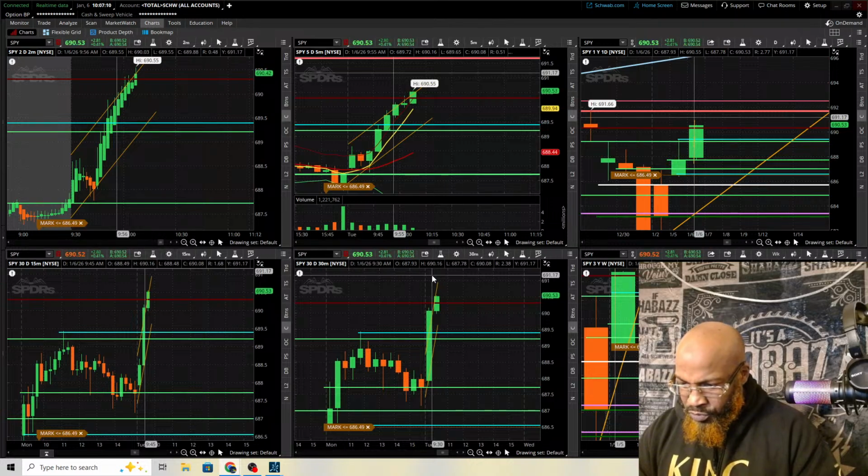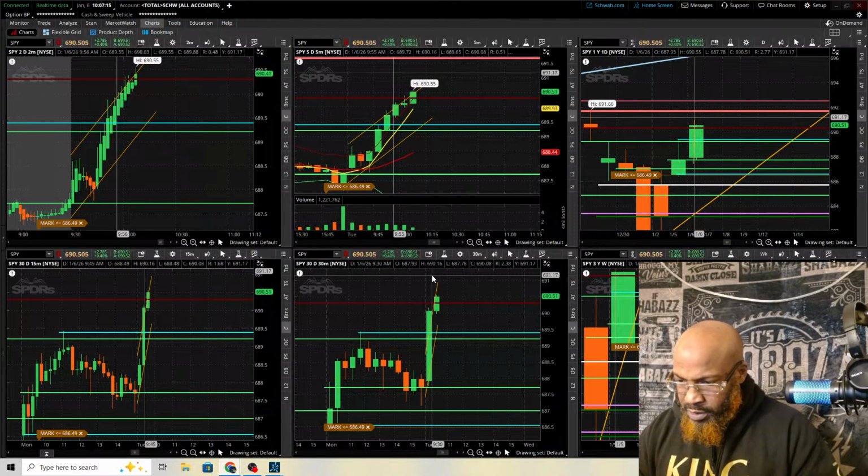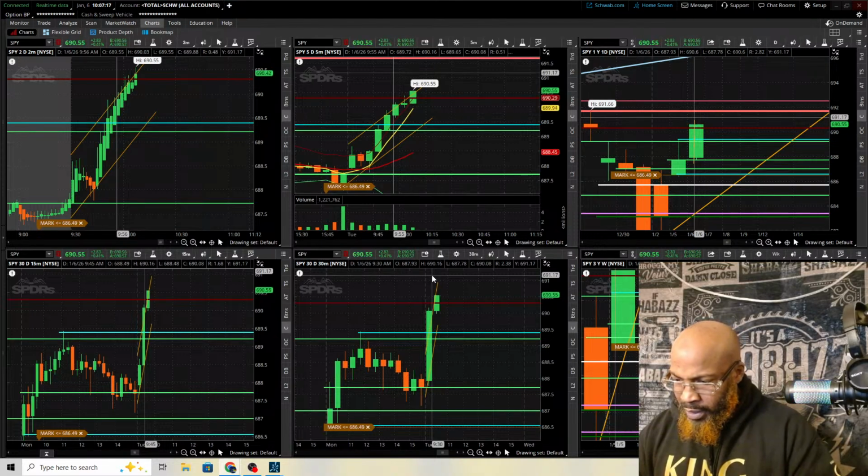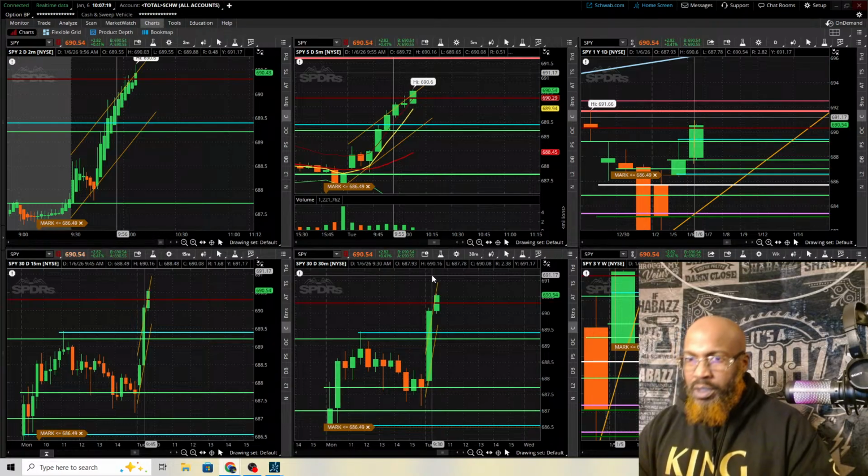Market appearing very strong. It is turning a weekly area of resistance into a weekly area of support.